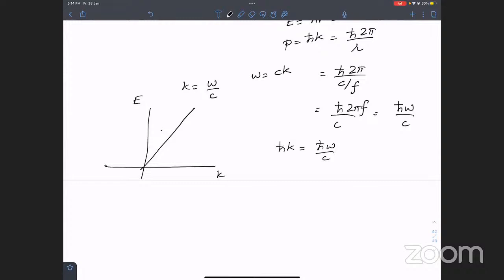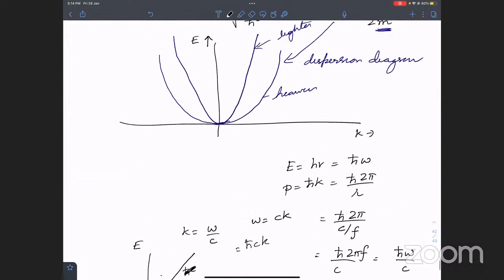What is the slope of this line? E is h bar c k. The slope of the line is h bar c.